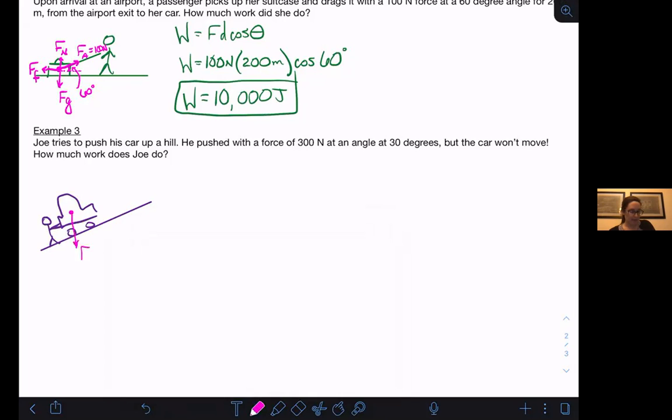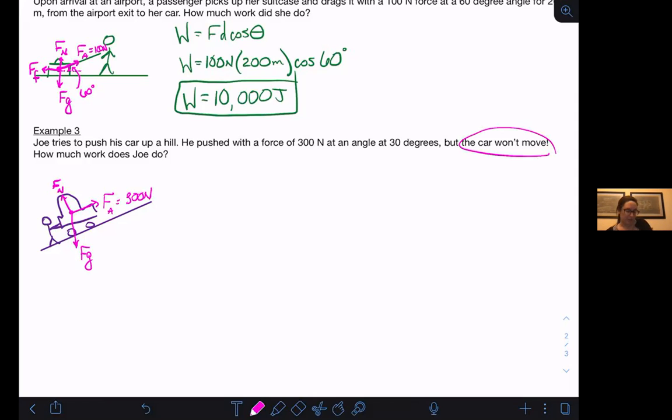There's this force of gravity, and a normal force. Here's Joe, pushing with that applied force, 300 newtons. But I have to tell you, the car won't move.